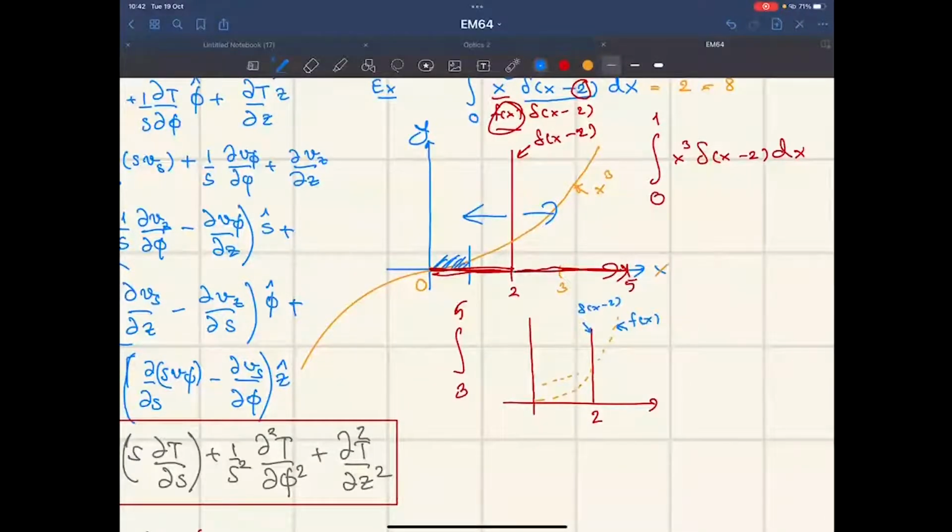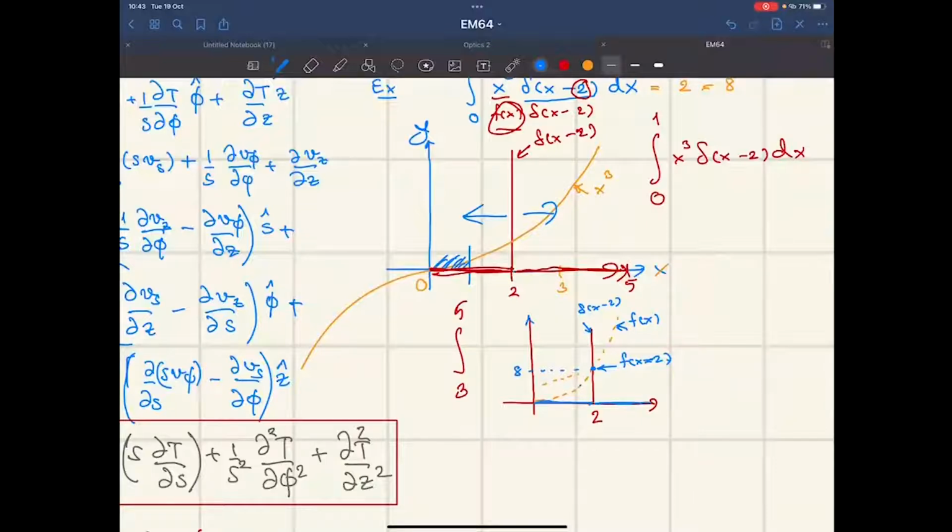When this yellow dotted line is multiplied by the Dirac Delta function over here, it's no problem. This thing is f(x) equal to 2, right? Which is this one, which is 8, right? Okay, but everywhere else it's like that. Okay, this is the result. It's 0. It's a flat line at 0.